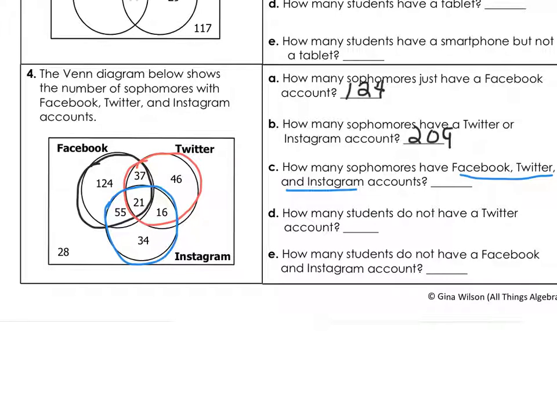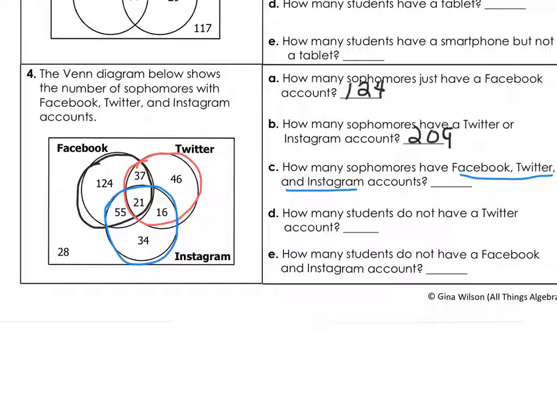Now, you might say, well, there's a blue line here on this region, but that blue line is facing away from, the curve goes away from the region. The curve has to go towards the region in order to say that it's included. So you'll notice that the curve is encapsulating this 21. This black curve is encapsulating the 21, and the red curve is also.